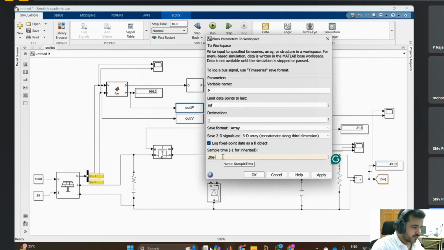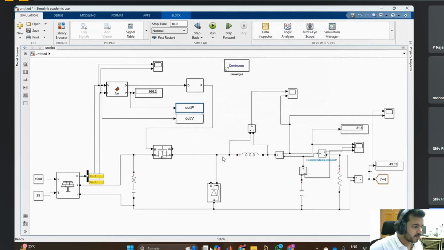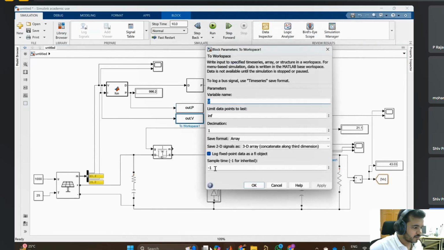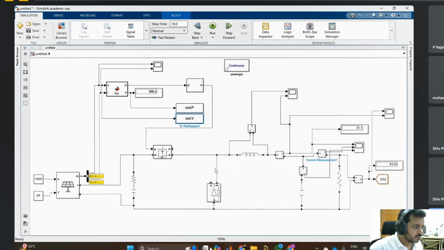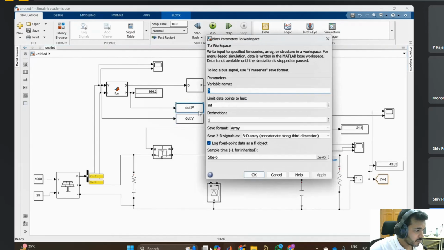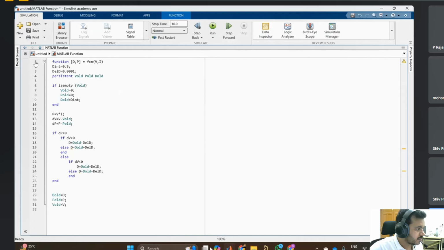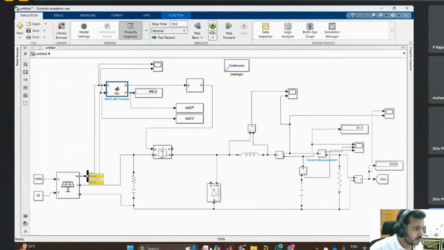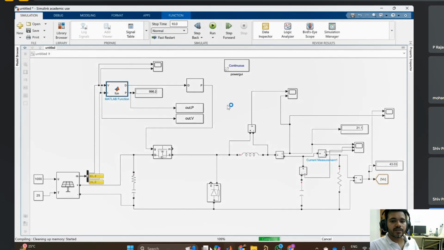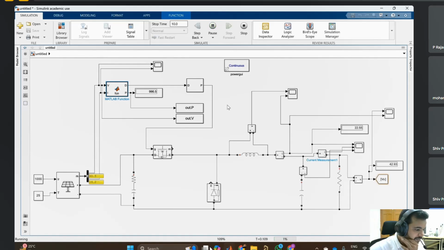E to the power minus 6. Check that both sample times are the same and that you get the same number of samples.